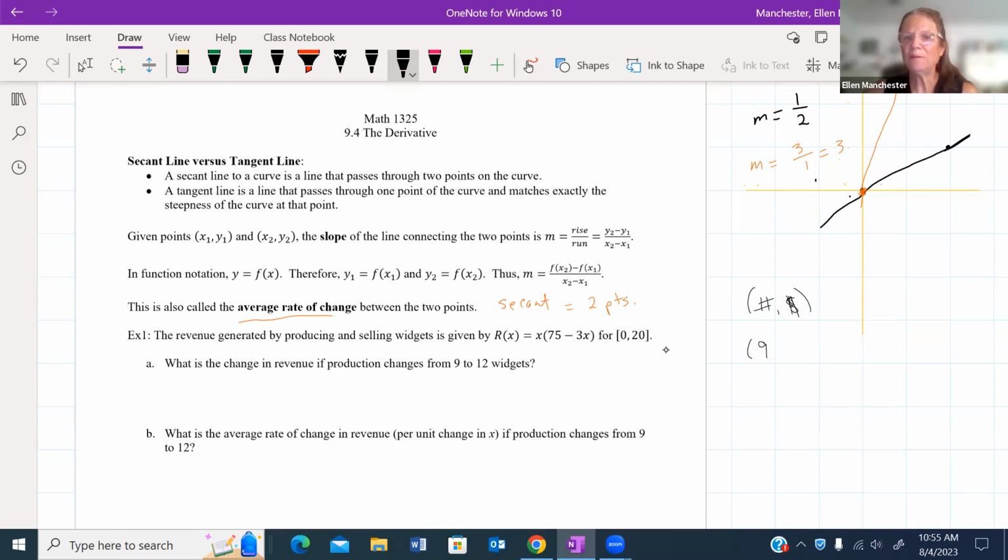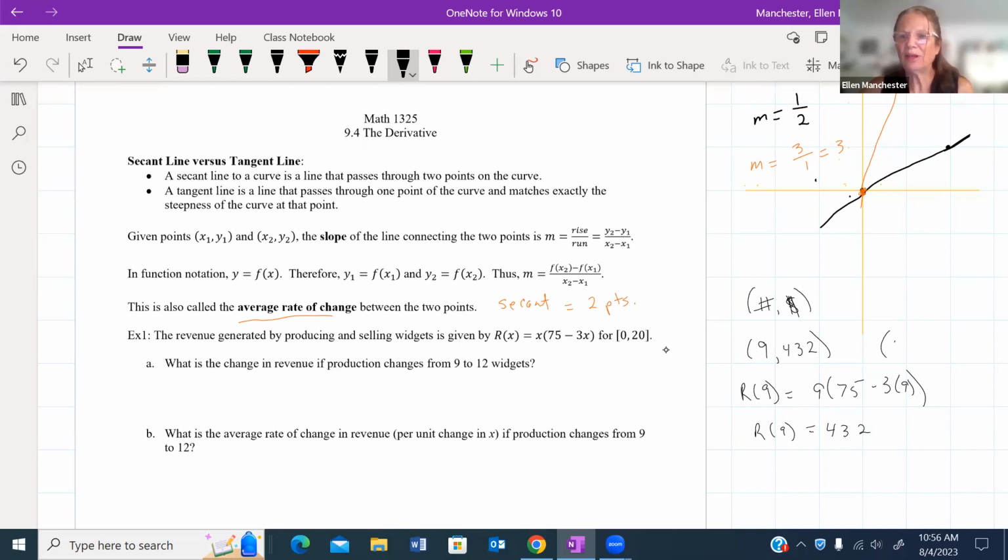I have 9 times (75 minus 3 times 9). So 75 minus 27. Remember order of operations, you do everything on the inside first. So 48 times 9, my revenue is 432. So when I have 9 widgets, my revenue generated is 432.